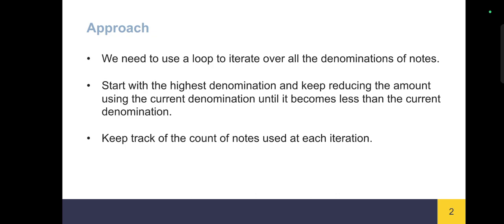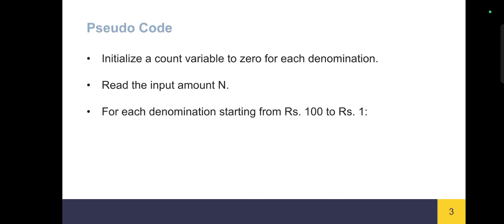This is the pseudocode we use for the problem. Initialize a count variable to 0 for each denomination. Read the input amount n for each denomination starting from rupees 100 to 1.